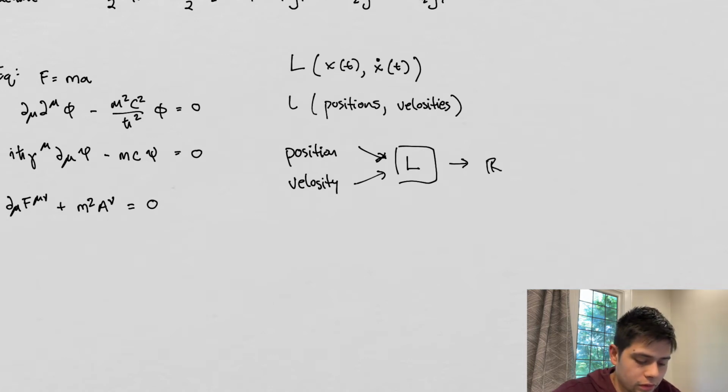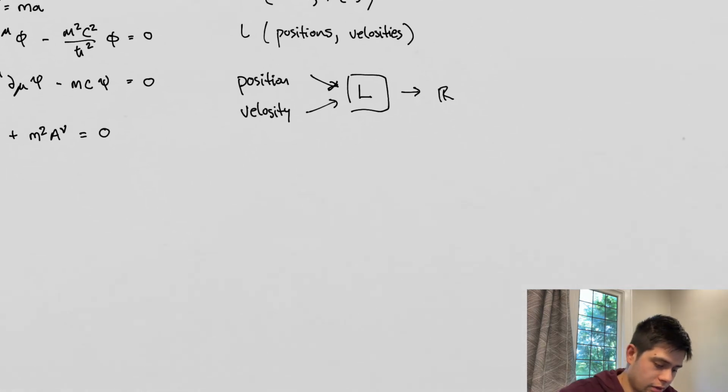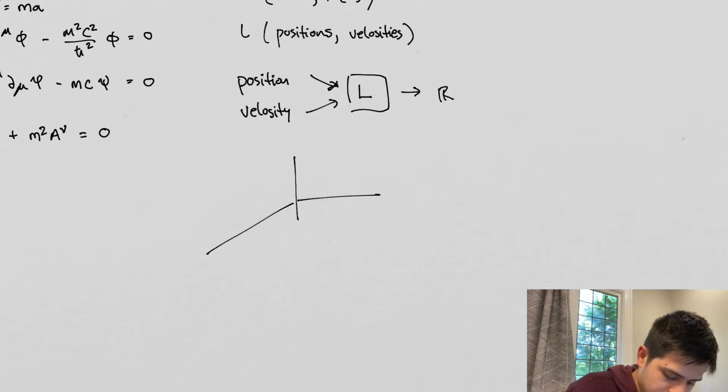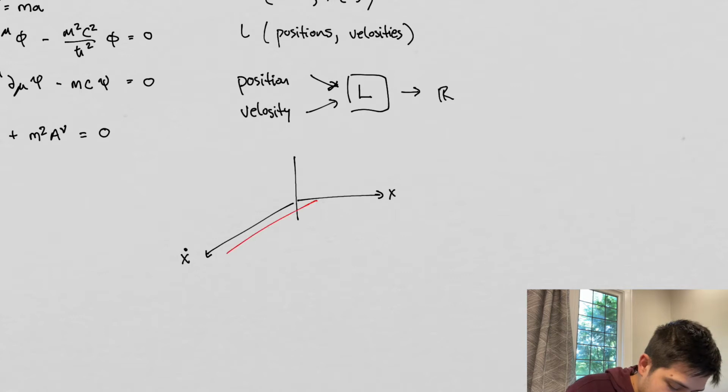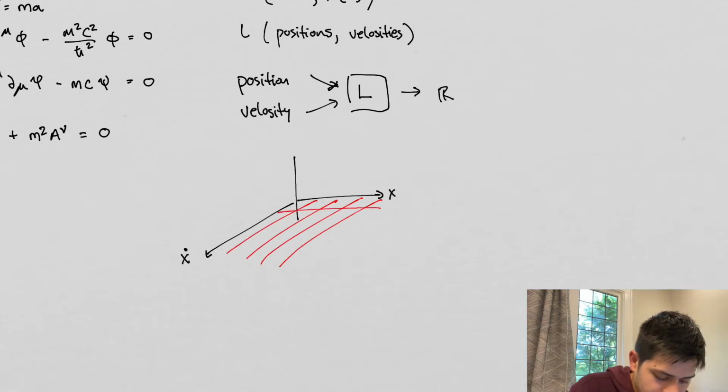Now a fundamental idea here is that if the Lagrangian is a function of position and velocity, we can have our axes. Here, say, is our x-axis, and here is our x-dot axis. So you pick any point on this underlying grid here.